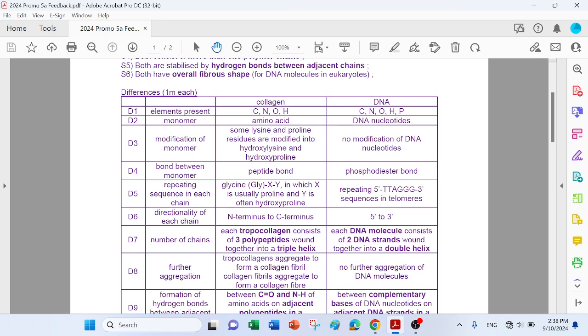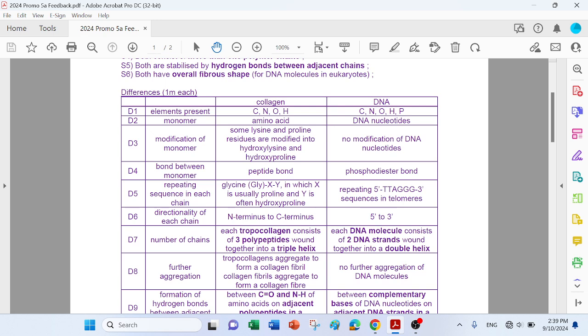I'm not going to mention sulfur because I know that there are no disulfide bonds in collagen, meaning there are no cysteine amino acids which contain the sulfur. So really just CNOH. For DNA, there's an extra phosphorus because of the phosphate group in the DNA nucleotide. The element is phosphorus, the element is not phosphate.